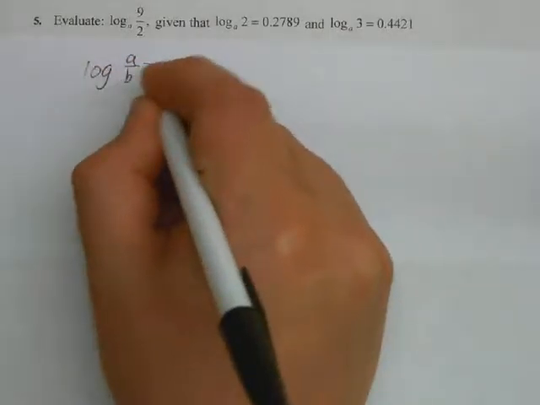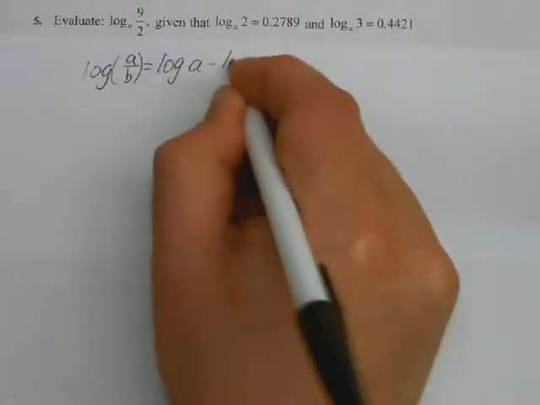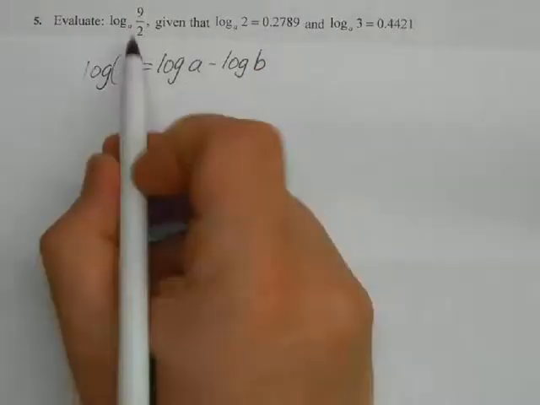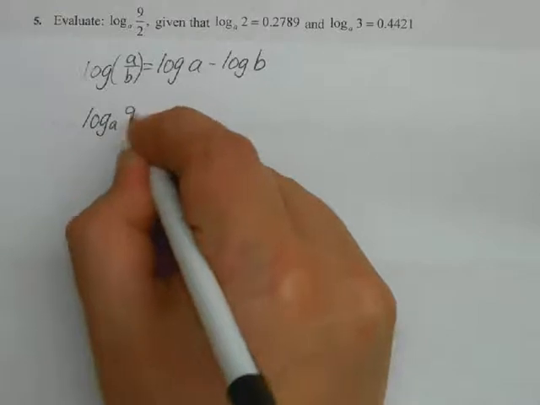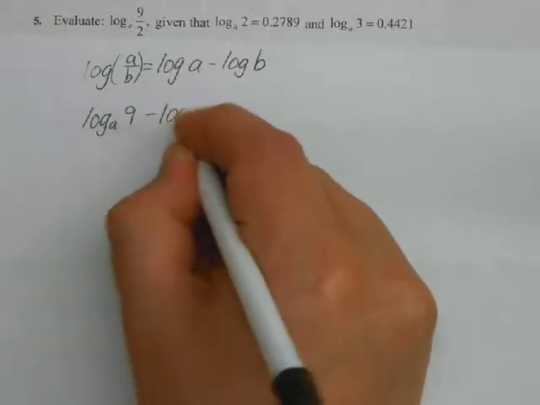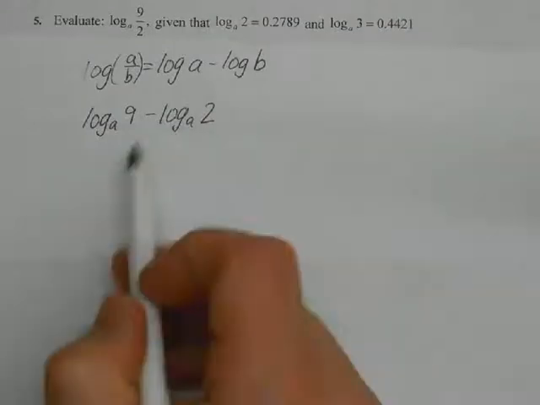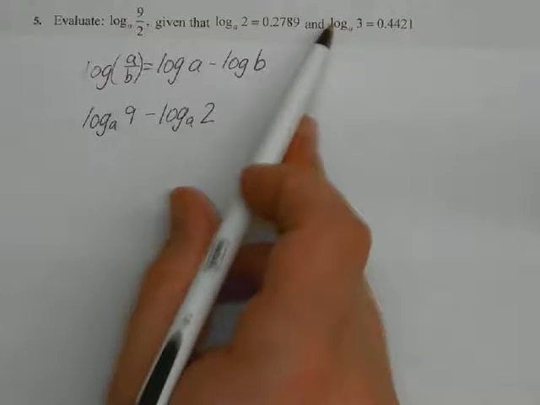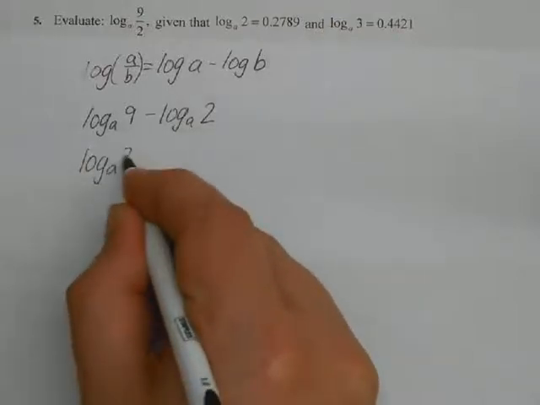Well, recall that the log of A divided by B is log A minus log B. So using that property, we can rewrite this as log base A of 9 minus log base A of 2. To get it in a form with log 3 in the expression, we need to realize that 9 is 3 squared.